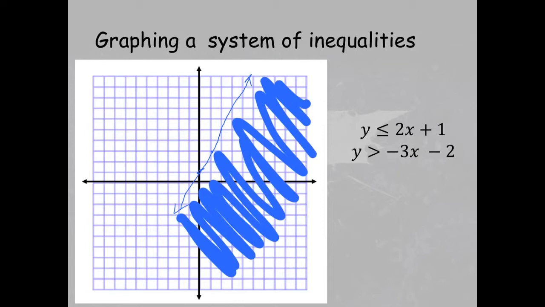Okay, now the next thing we have to do is graph y is greater than negative 3x minus 2. So I'm going to start with my y-intercept of negative 2, which we kind of shaded over, but we can still see it. We'll need to change the color so you can see. There we go. It's red at negative 2, the y-intercept.